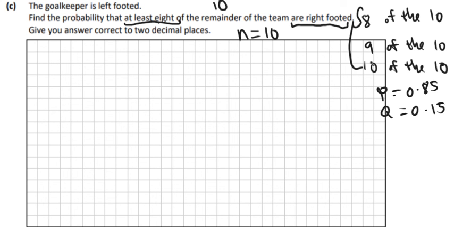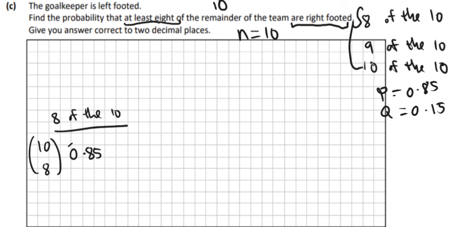So 8, we'll just put that little heading in there. So 8 of 10 would be 10 choose 8, 0.85 to the power of, well, it's R, so it's going to be 8, and 0.15 to the power of n minus R, which would be 10 minus 8, which is 2.